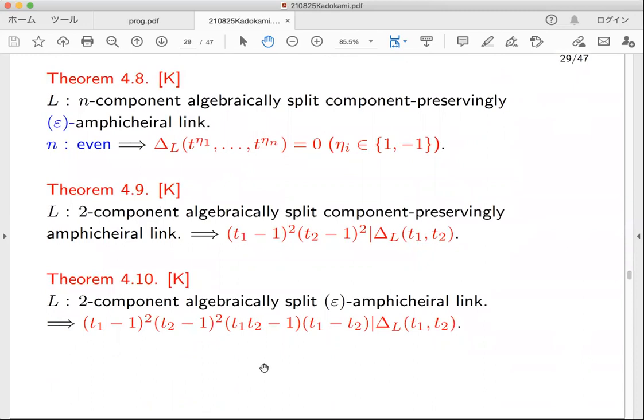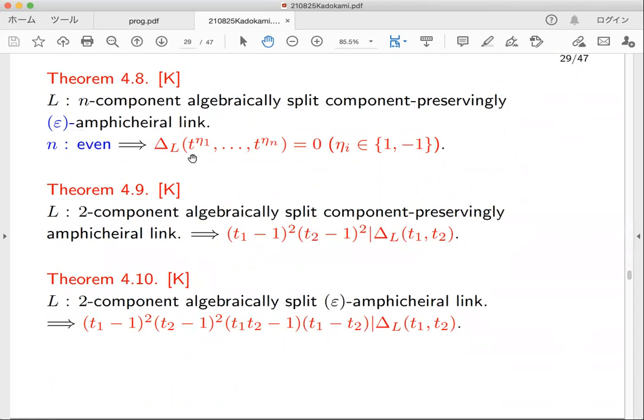Yes, this part is my result for the link case. Theorem 4.8. Let L be an n-component algebraically split component preserving epsilon Amphicheiral link, and n is even.